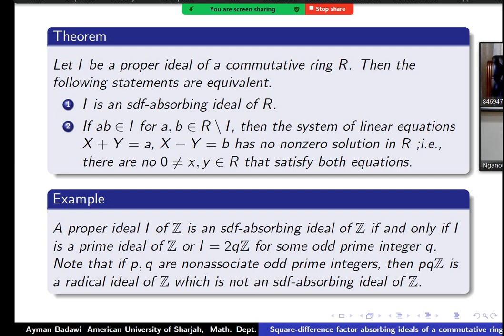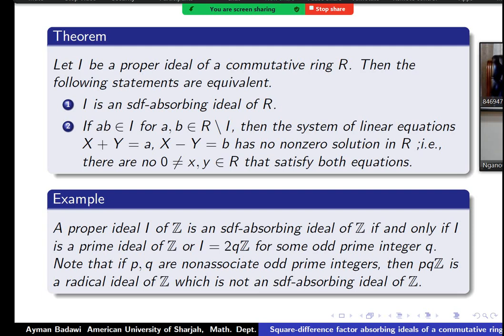Choose your favorite prime number, then multiply it with 2. This ideal 2QZ definitely is going to be a square difference factor absorbing ideal.